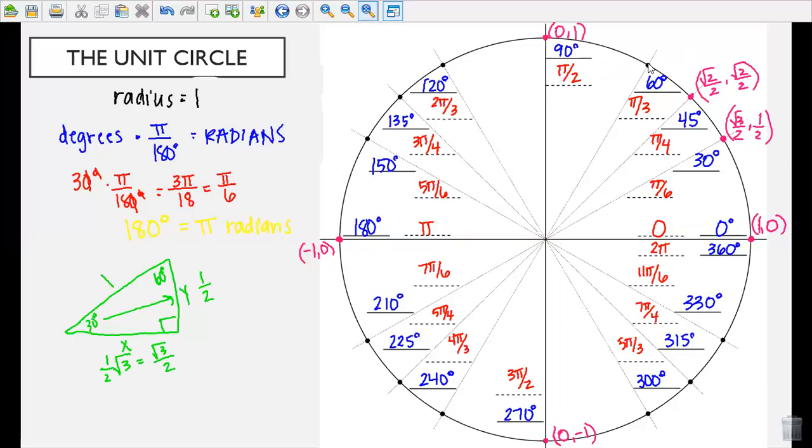And then a cheat, just to help us a little bit. 30 and 60 come from the same triangle. But if I were to rotate this around to where the 60 was down here and the 30 was up top, that means that my x's and my y's switch. So this ordered pair ends up being 1/2, √3 over 2. All right, and that's the gist.